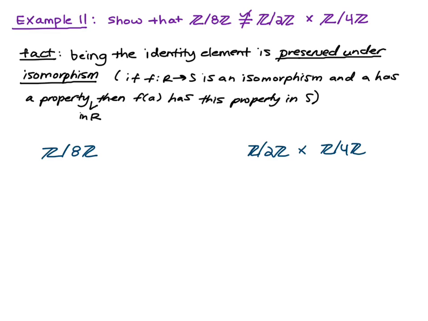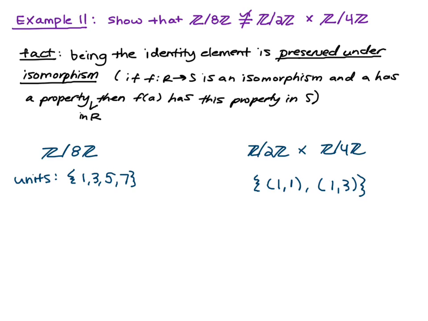And so what are the units? The units of the integers modulo 8 are 1, 3, 5, and 7. Here, the units in the direct product are going to be (1, 1) and (1, 3). Excuse me, I wrote that in the wrong order.